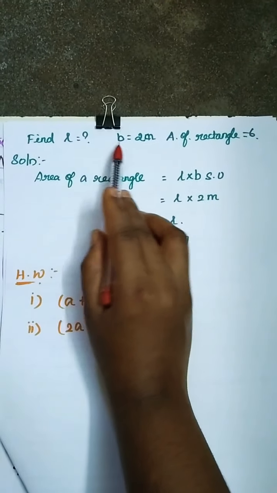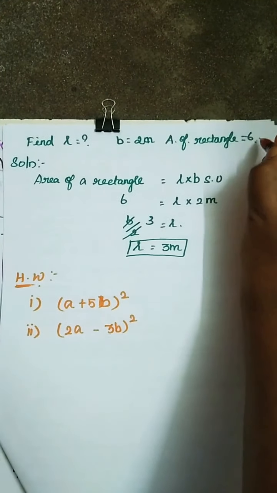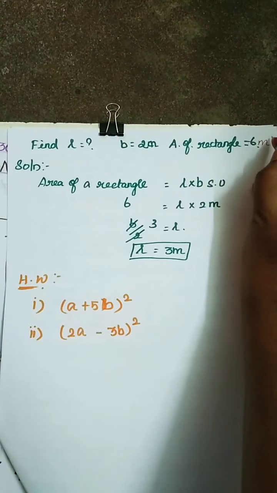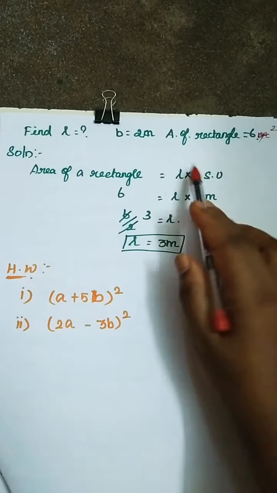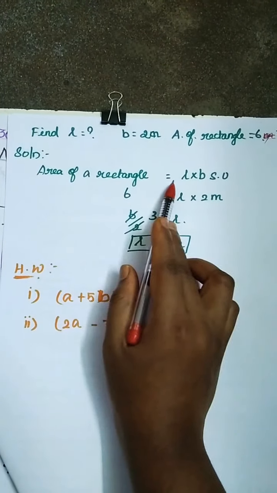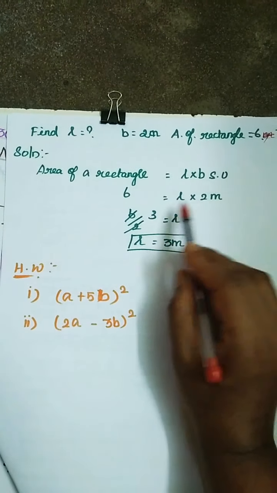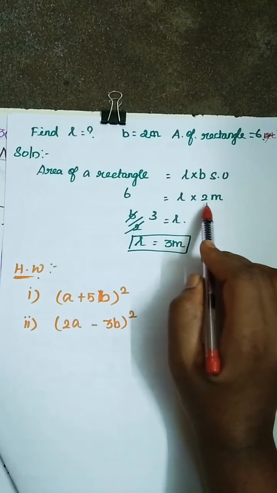Find length. Base equals 2 meter. Area of the rectangle equals 6 meter square. Solution: area of a rectangle equals l into b square units. Area of the rectangle 6 equals l into base value 2 meter.